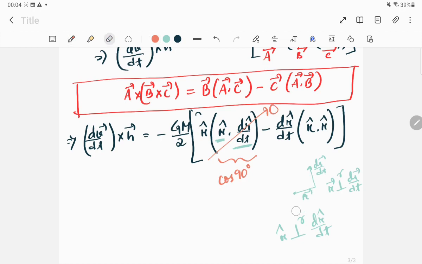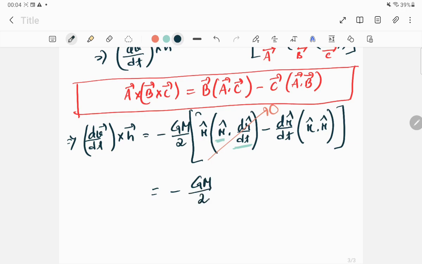So what are we left with? We will have minus gm by 2, and then we have minus dr cap dt, and again if you talk about r cap dot r cap, it is r cap modulus of r cap and again cos 0 degree.